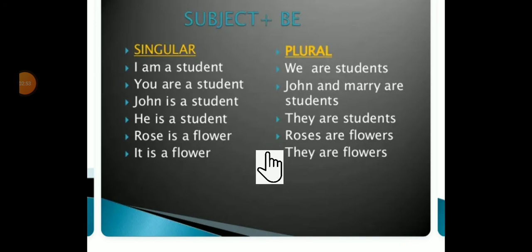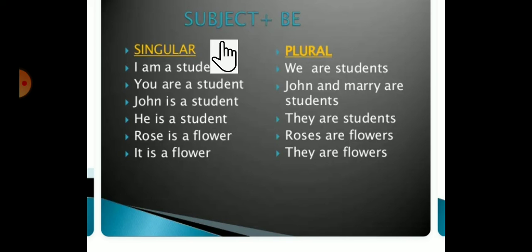Students, we have subject plus be form of the verb. So what is a subject? Can anyone tell me? A subject is the name of a person, place, thing, or area. It may be a noun or a pronoun.